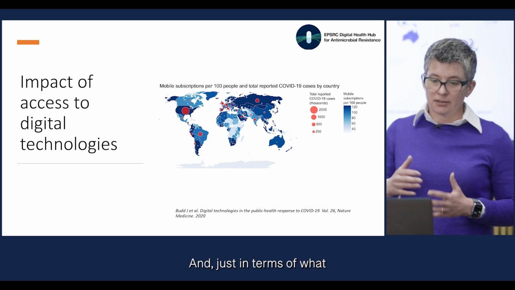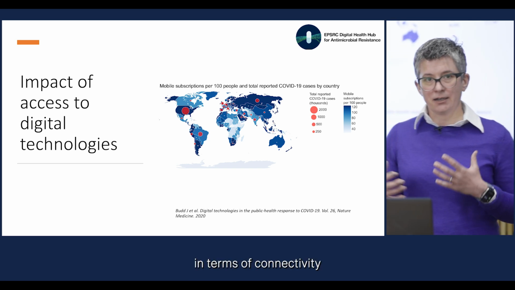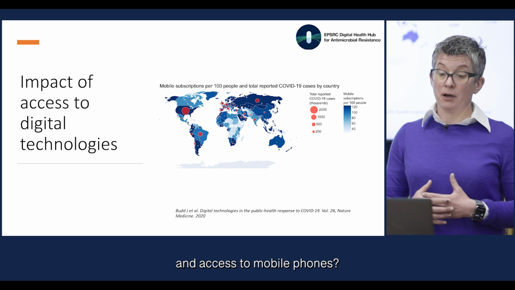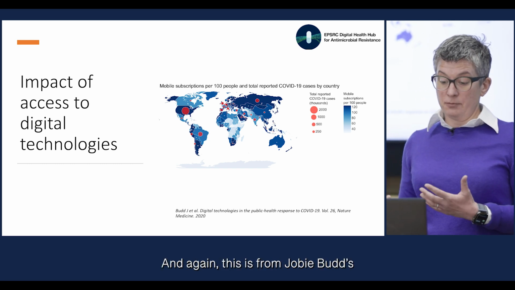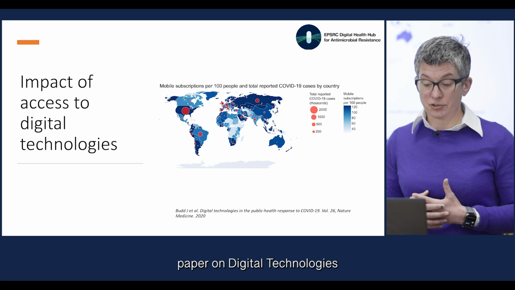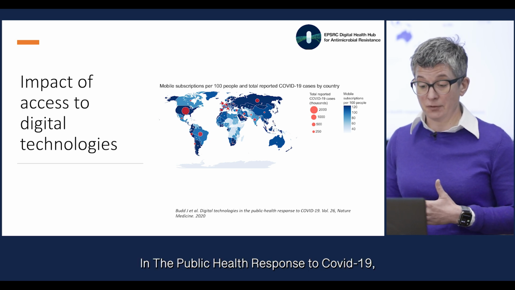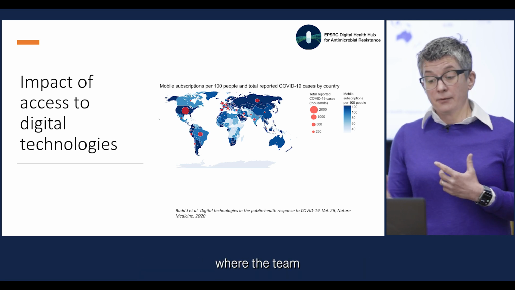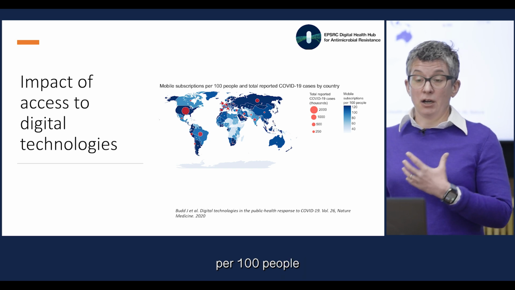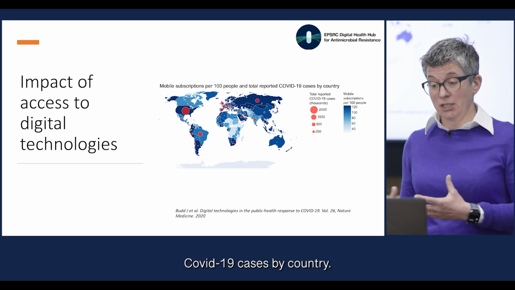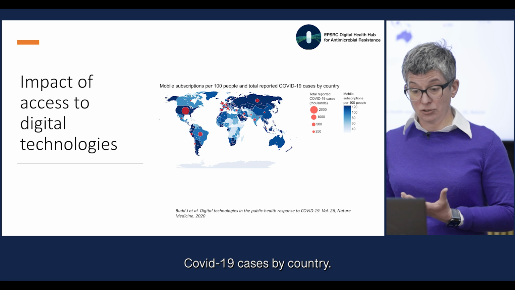And just in terms of what this means for connectivity and access to mobile phones, what impact does this have in terms of health? Again, this is from Joby Budd's paper on digital technologies and the public health response to COVID-19, where the team looked at mobile subscriptions per 100 people and total reported COVID-19 cases by country.